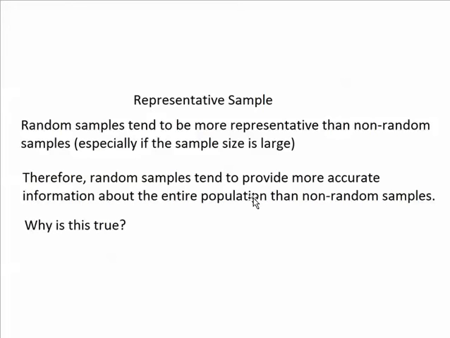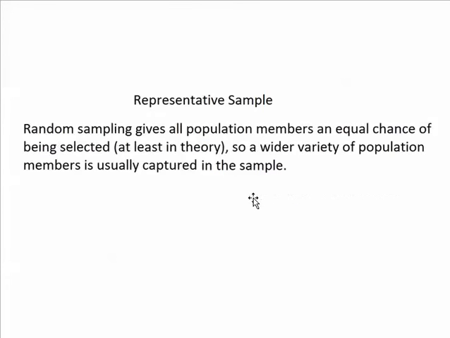But why do random samples tend to be more representative than non-random samples? It's because random sampling gives all population members an equal chance of being chosen. And when all population members have an equal chance of being chosen, you tend to get a wide variety of people in the population, and you tend to get a balanced mixture of people in your sample.